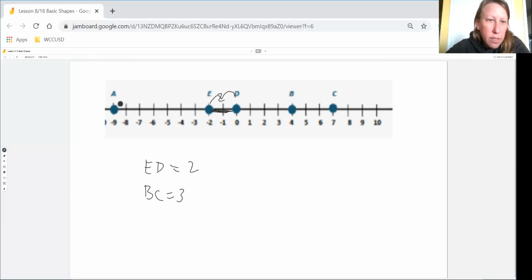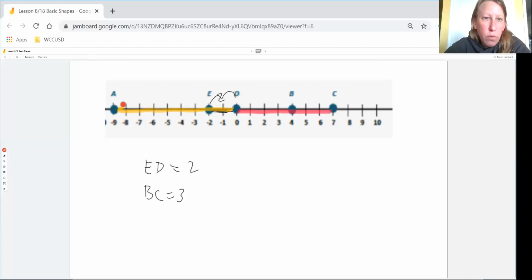How about line segment AE? Yeah, so this line segment right here, from there to there, is one line segment, and it happens to be the same as from D to C. Those are equal, they're both 7.